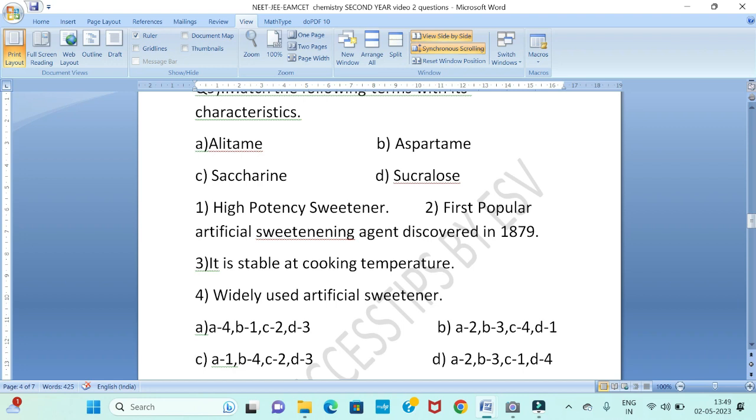So only A1, so C is the answer. Again, we'll see the coding. Ali, in the Telugu industry, is a famous comedian.